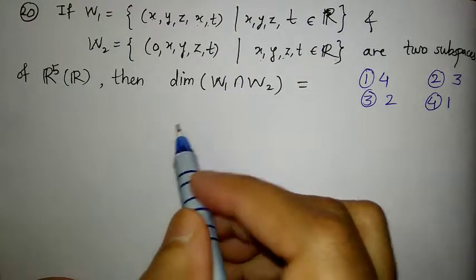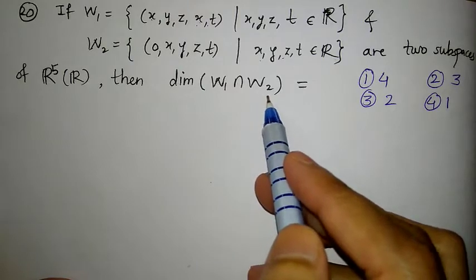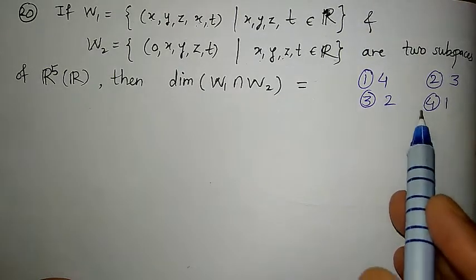So let us solve this. We are asked the dimension of W1 intersection W2, and the options are 4, 3, 2 and 1.